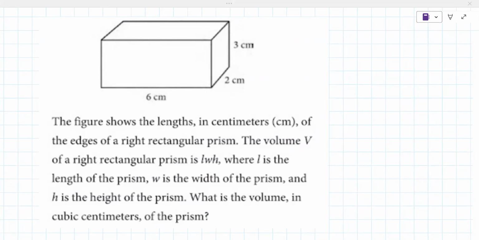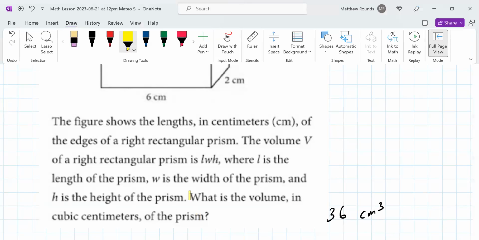You got it. So the length is 6, width is 2, height is 3. So what is the volume? 36 centimeters cubed. Okay. Did you need to read any of the rest of the question? No.